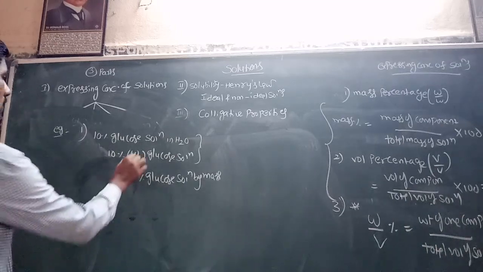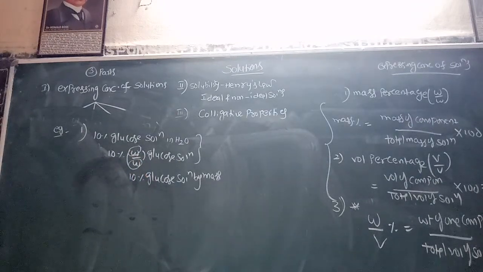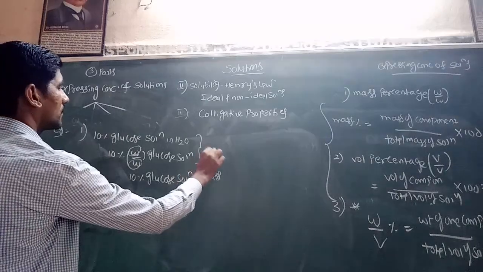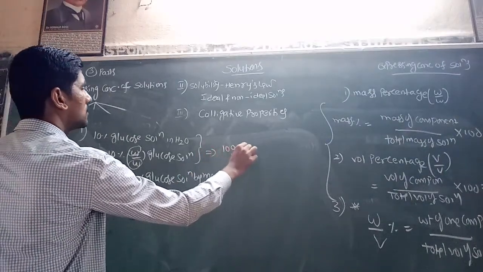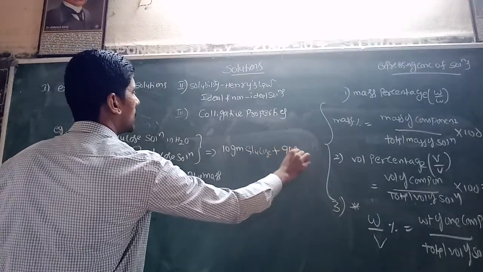Which means that both solute and solvent are expressed in terms of weights, because it is weight by weight or mass percentage. So 10% weight by weight glucose solution, or 10% glucose solution by mass, means that 10 gram of glucose is dissolved in 90 gram of water.